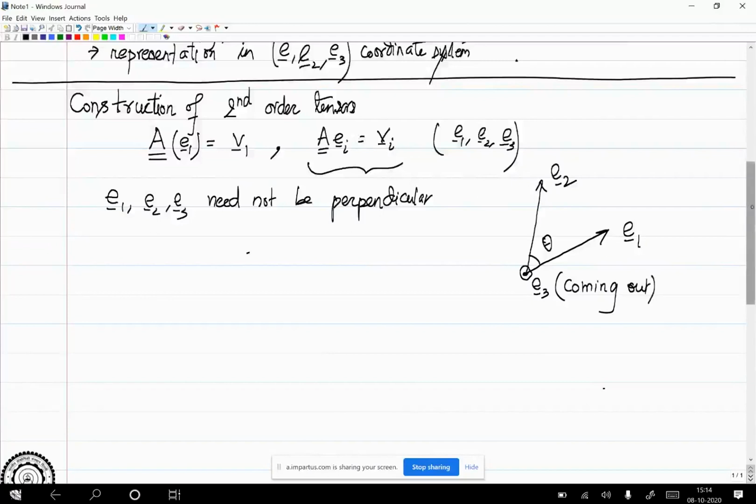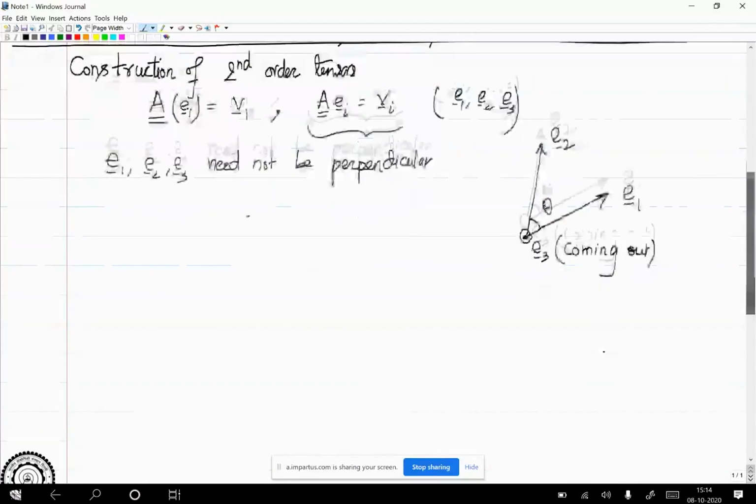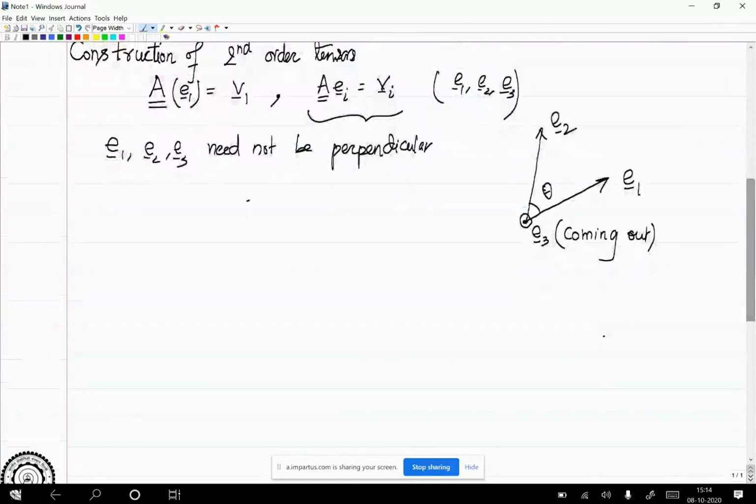Okay, so to construct the tensor, we are now going to introduce what is called dual vectors, or what is called dual basis. You see, this E1, E2, E3, because they are linearly independent, it also forms a basis for R3, isn't it?